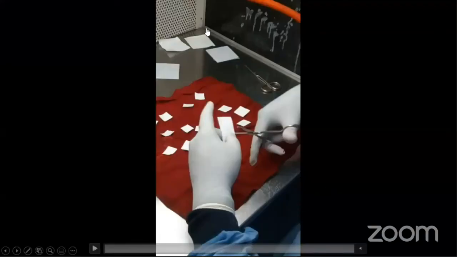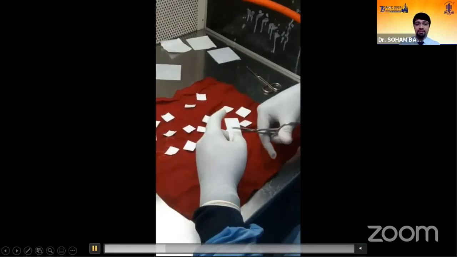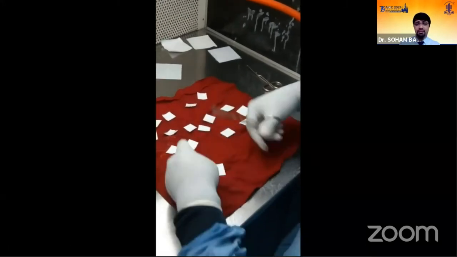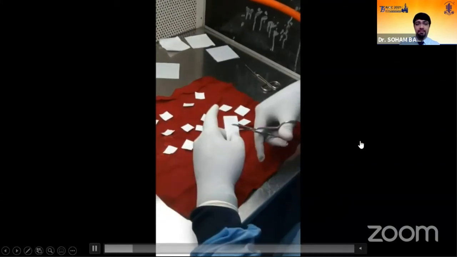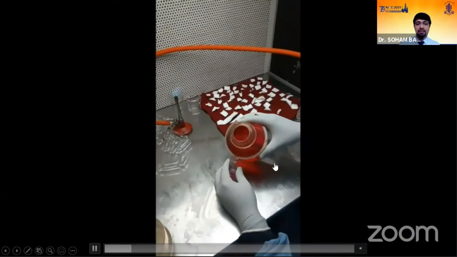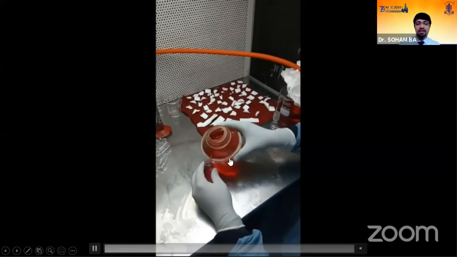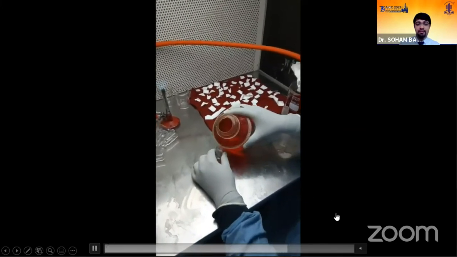Once all these nitrocellulose papers are dry enough, we cut them into strips. These are 2.5 × 2.5 centimeter strips. Depending on the requirement of the surgeons, you can size it accordingly. After the strips are prepared, the culture media is bottled into sterile glass bottles.